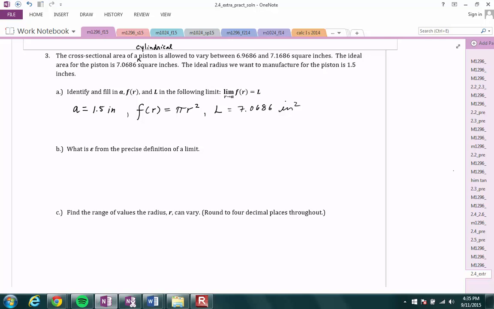So we're given some information about how much the cross-sectional area can vary between, and from that we can figure out exactly what the error tolerance is. So let's write it out. We know that 6.9686 is the lowest cross-sectional area we can have.